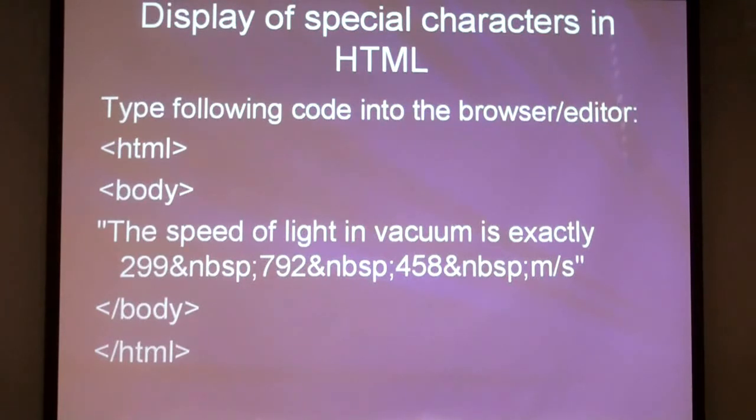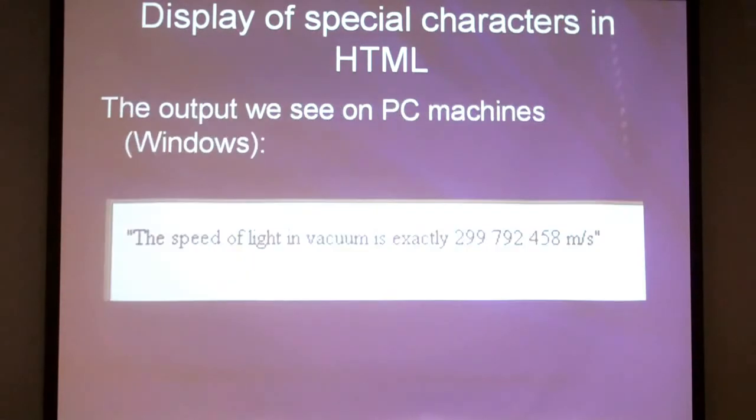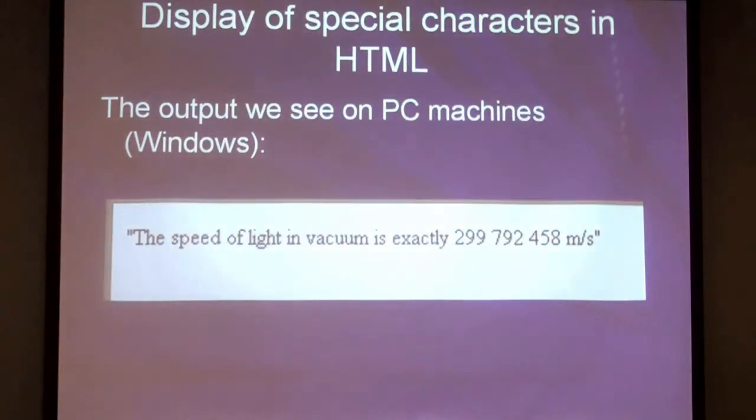For example, this page, if we are going to create that, will show the speed of light with spaces introduced between each 3 digits. Okay, so 299 space 792 space 458. So this is how this code will look in a browser if we are working on PC machines.